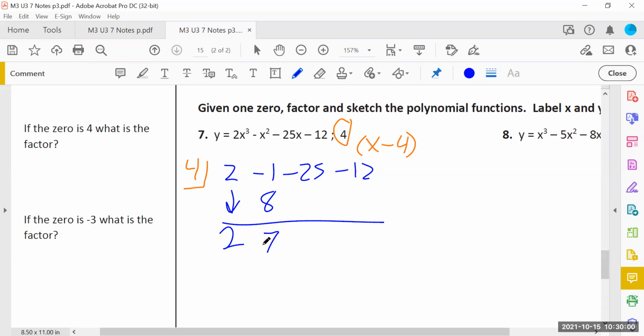So again, for the last one, Jaime, Kathy told us when we brought down that 2, we multiplied it by the 4 and we got that 8. So we did -1 plus 8 got a 7. Follow the pattern. What am I doing next with that 7?